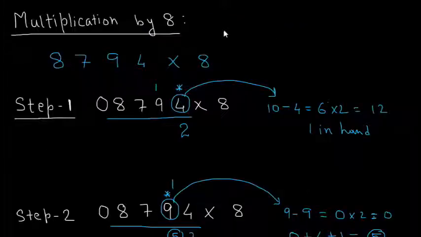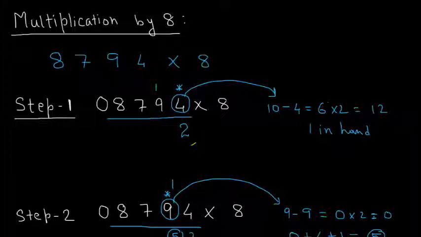Multiplication by 8. So step 1. 4 is the extreme right hand side number. So in this case, 10 minus 4 will do. So that is 6. Then whatever the answer, in our case it is 6, we'll double it. That is 12. We'll put 1 in hand and 2 here.